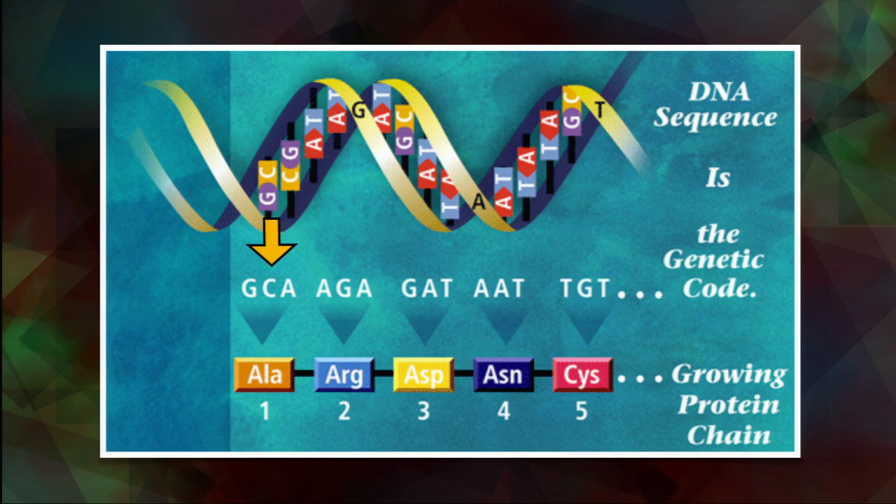So, for example, GCA, which is the first codon in the DNA here, codes for the amino acid alanine. And then the next codon, AGA, codes for the amino acid arginine. Okay, so that's how you go. It's just three-letter words, and they all mean something basically for the final protein. So there are 64 possible combinations of the four bases of DNA, A, C, T, and G, into these three-letter words.